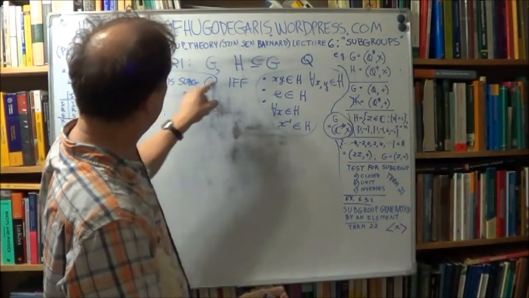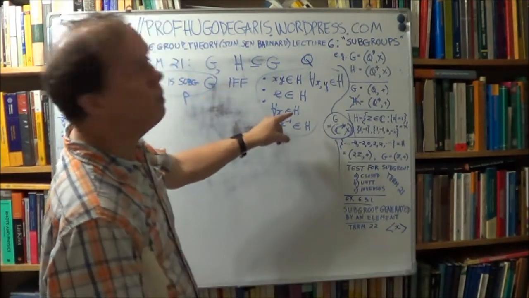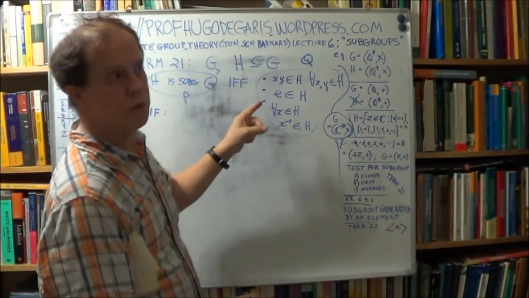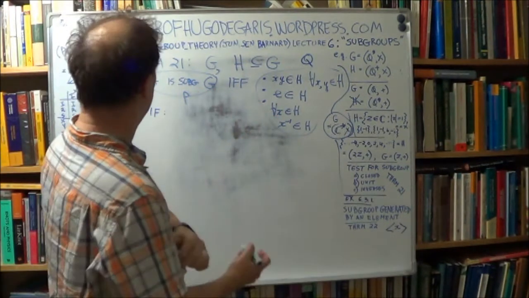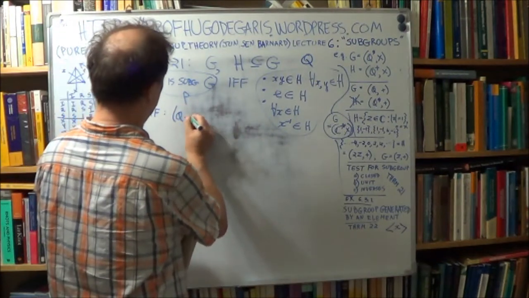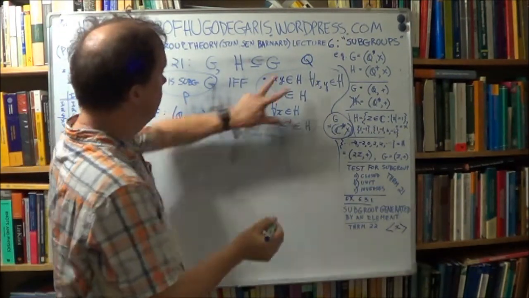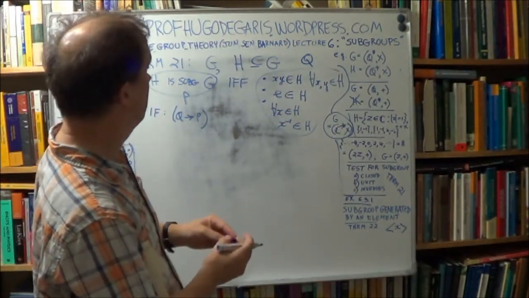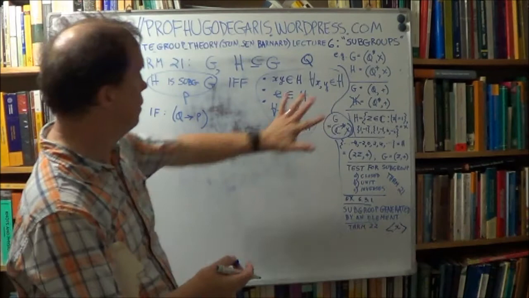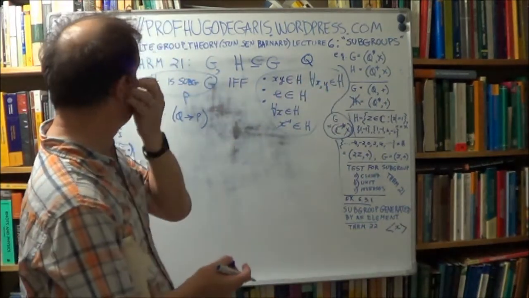So P if Q. So P is true if Q is true. So if Q, then P. So if you've got that, prove this. You start with the right-hand side and you prove the left-hand side.